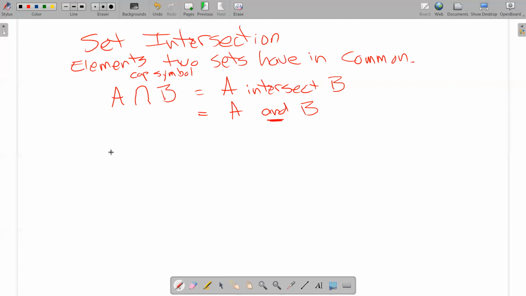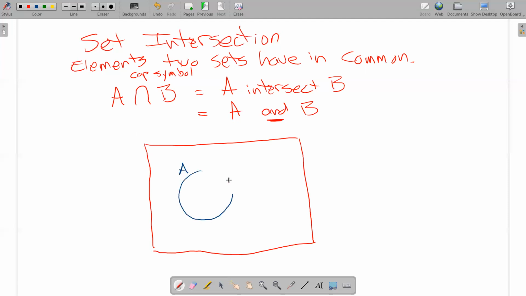And we took a look at intersections before when we looked at, again, our same universe. We had the prime numbers and the odd numbers, and they had an intersection. So I had set A before, which were my odd numbers. I had set B, which were my prime numbers. And 3, 5, and 7 are both odd and prime. The other odd numbers were 1 and 9, and the other prime number was 2.